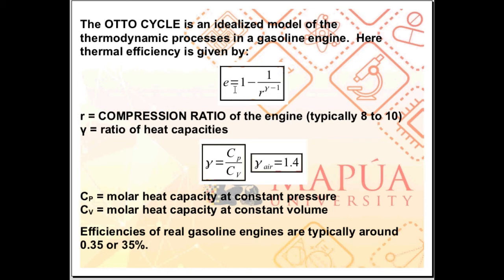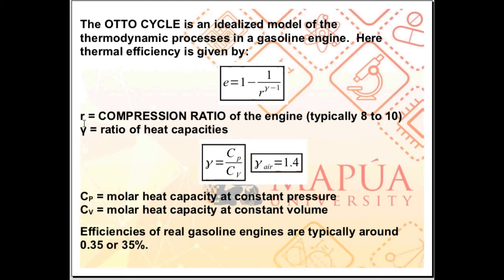E is equal to 1 minus 1 over R to the gamma minus 1. R is the compression ratio of the engine. It's related to basically the dimension of the piston system and how much the air and fuel mixture is compressed.